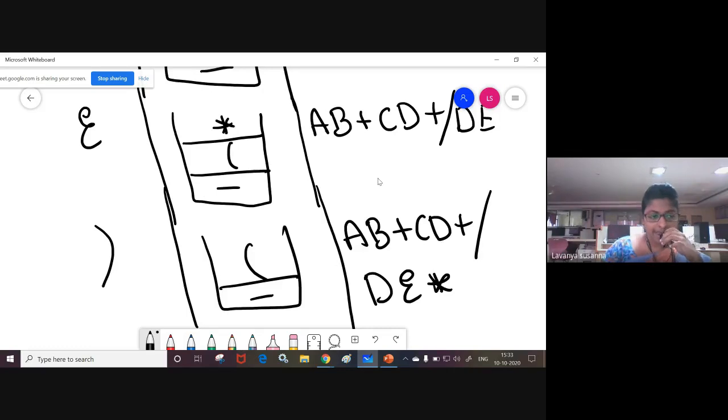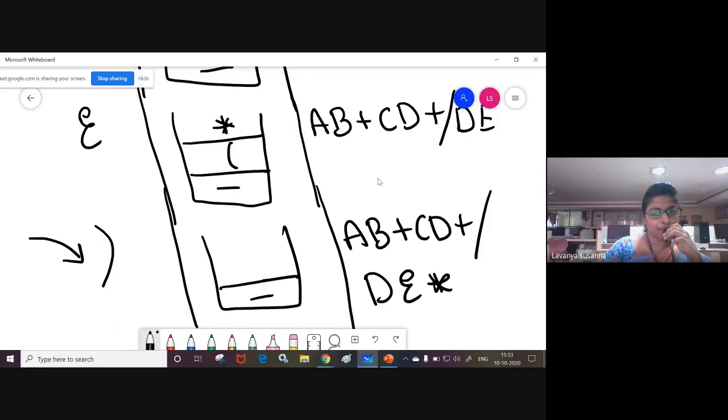Delete it. And ignore open bracket, don't write it. You need to delete the topmost elements one by one until you get the open bracket. The scanned symbol is close bracket. Here you need to delete each and every topmost element until you get its open bracket.